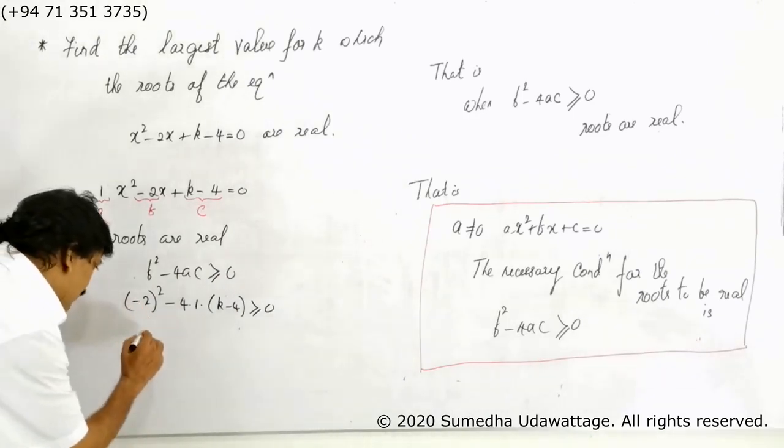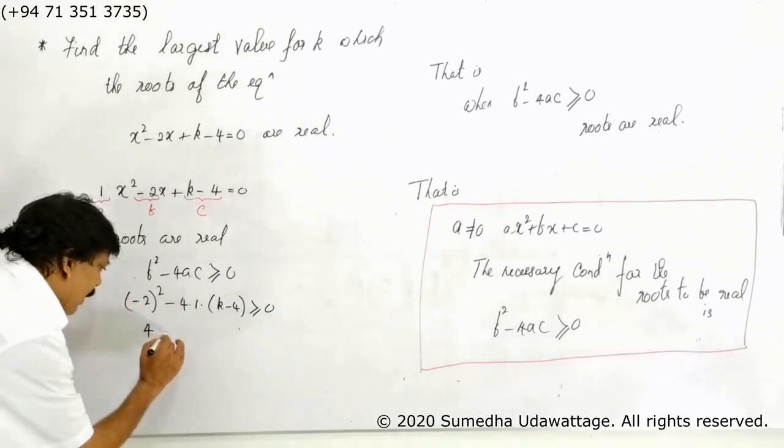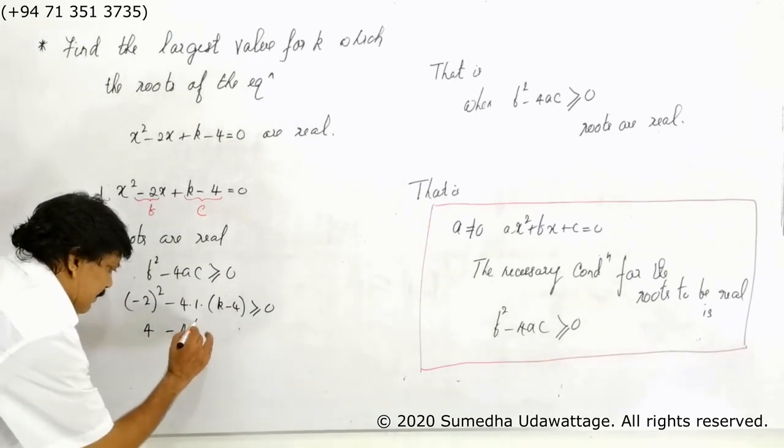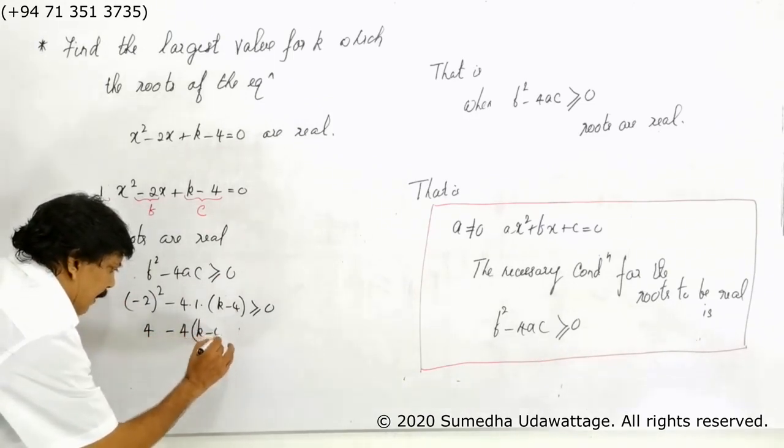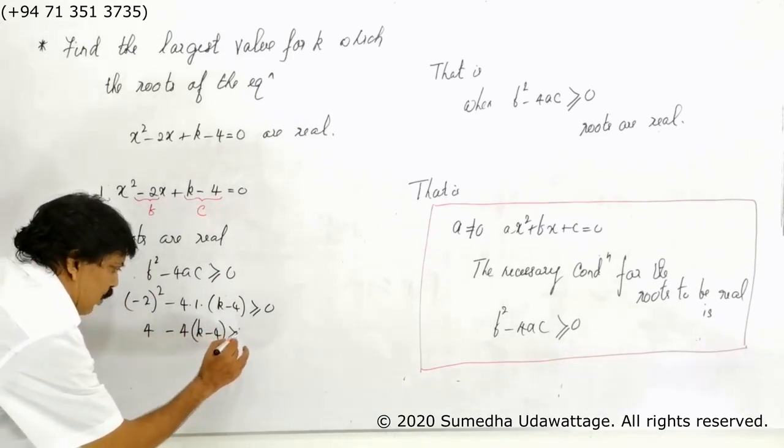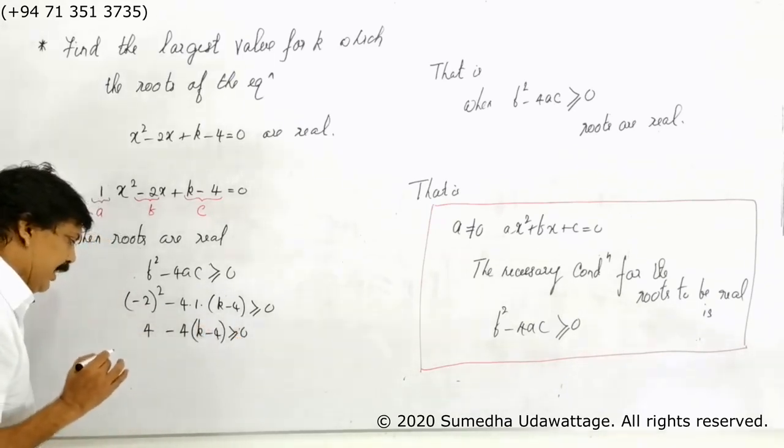This would be minus 2 square is 4, minus 4 times k minus 4, larger than or equal to 0.